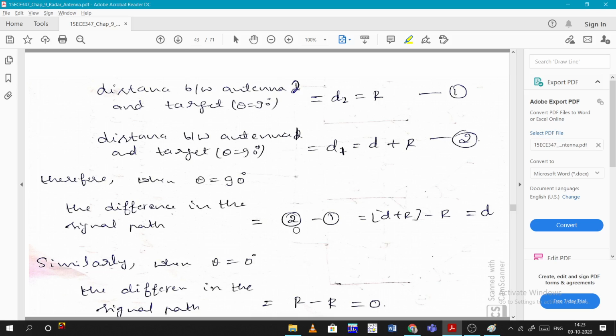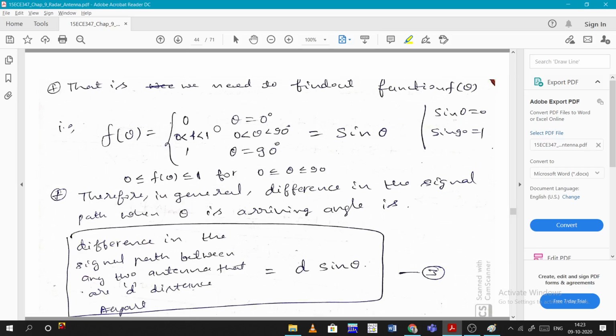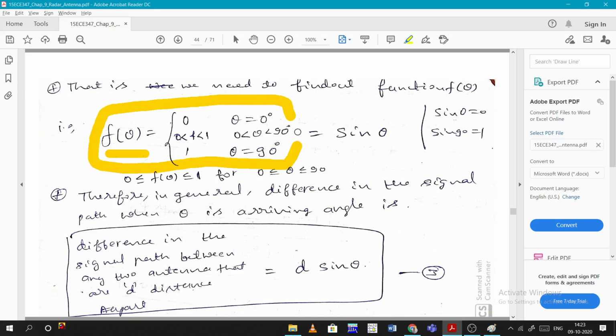So from this, what we can observe is that the difference in the signal path changes with respect to theta. So from that, we can formulate an equation, that is f of theta is equal to 0 when theta is equal to 0, 1 when theta is equal to 90, and when it is between 0 and 90, the value also goes from 0 to 1. So basically, this is the expression for sine theta.